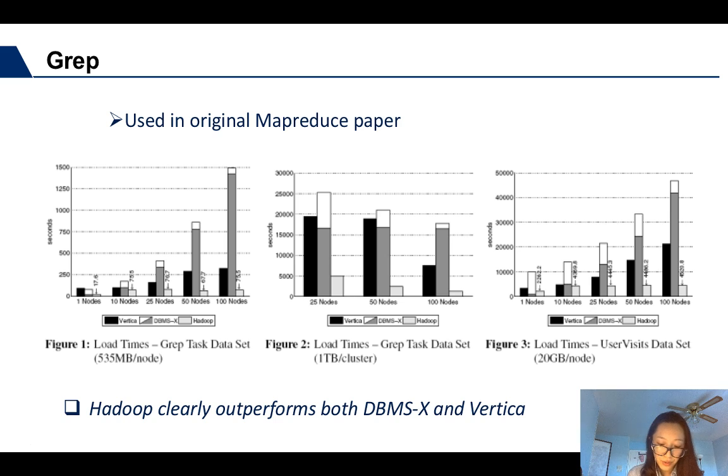The results show that Hadoop clearly outperforms both DBMS-X and Vertica, since each node is simply copying each data file from the local disk into the local HDFS instance, and then distributing two replicas to other nodes in the cluster.